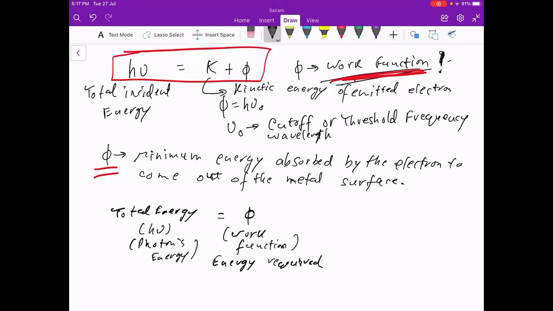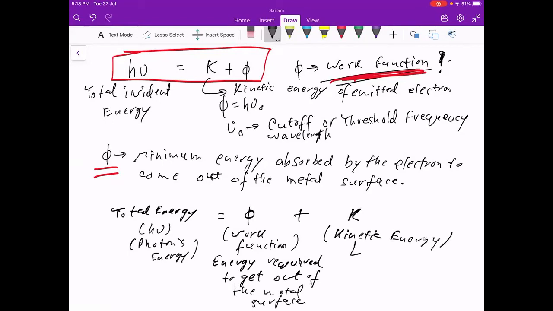Minimum, I should say, but anyway, energy required to get out of the metal surface. And then what else do we have? Plus K, kinetic energy. Kinetic energy is the remaining energy. So whatever energy remains after coming out, that is utilized as kinetic energy.